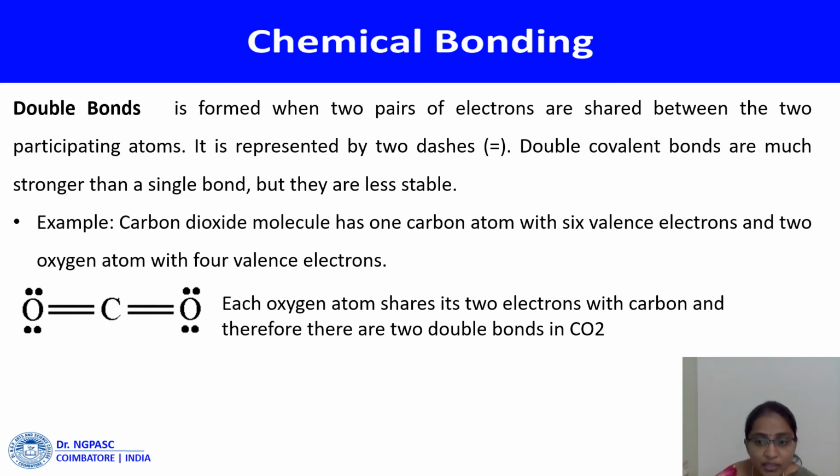For example, the carbon dioxide molecule. The carbon dioxide molecule has one carbon atom and two oxygen atoms. The carbon atom has 4 valence electrons and each oxygen atom has 6 valence electrons. So the single carbon atom and the two oxygen atoms combine together and share 2 electrons each.